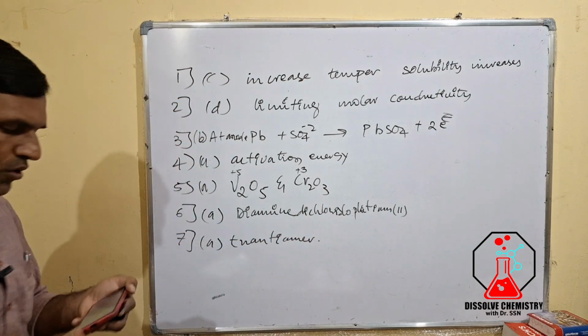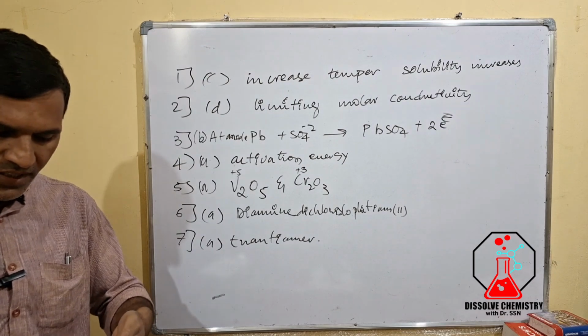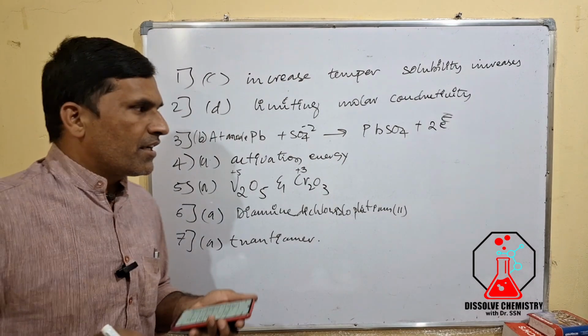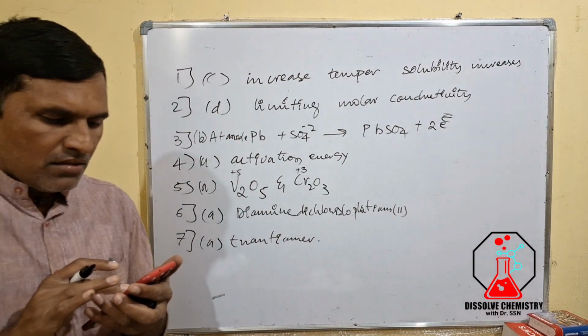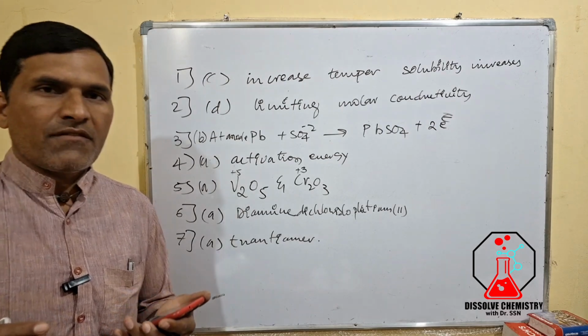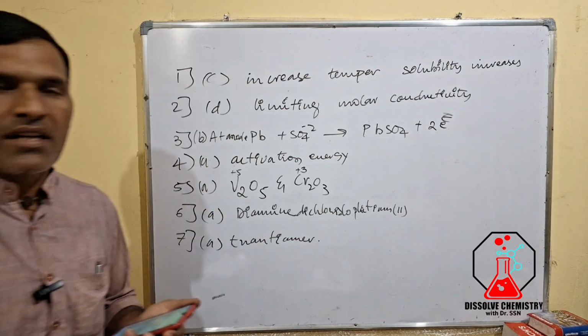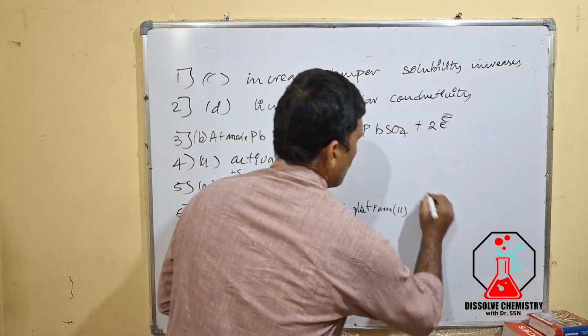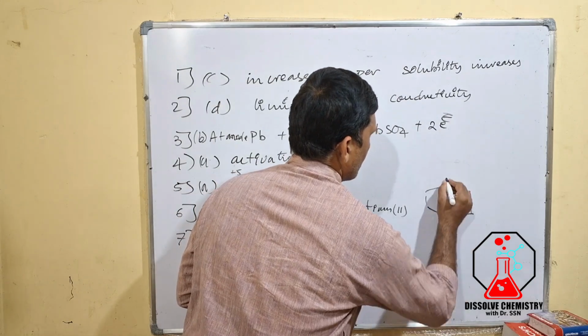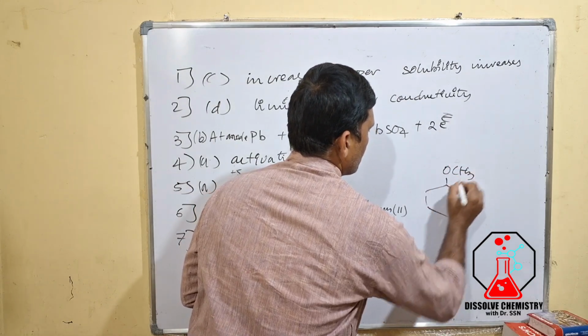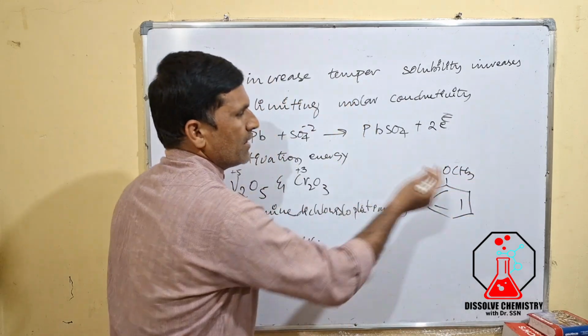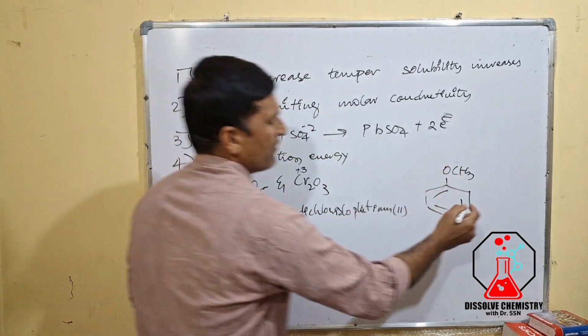Okay, so next we will move on to the next question. Eighth question: anisole on treatment with methyl chloride in presence of anhydrous AlCl3. It is a Friedel-Crafts reaction, and we know that anisole has the structure OCH3, and it is an electron releasing or ring activating group.